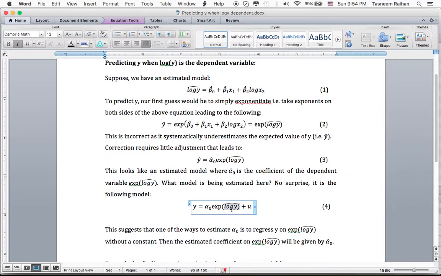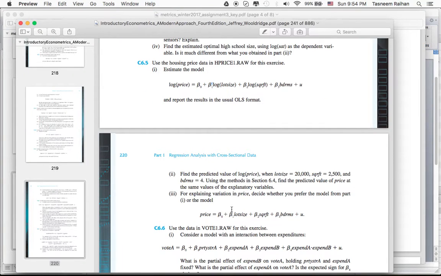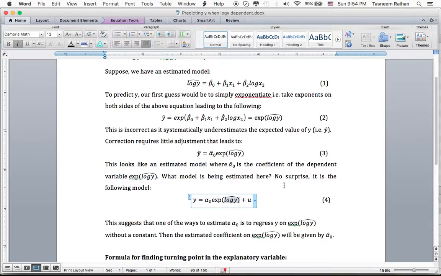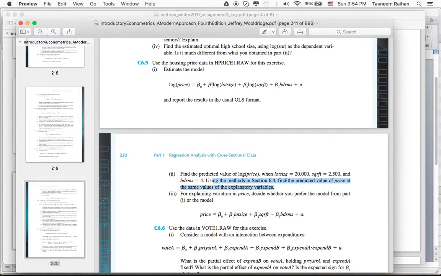I'm showing this to you to motivate the idea behind what we're going to do next to answer the second part of this question, that is using the methods in section 6.4, find the predicted value of price at the same values of the explanatory variables. So we want to find out y hat when lot size equals 20,000, square feet equals 2,500, and bedrooms equals 4.